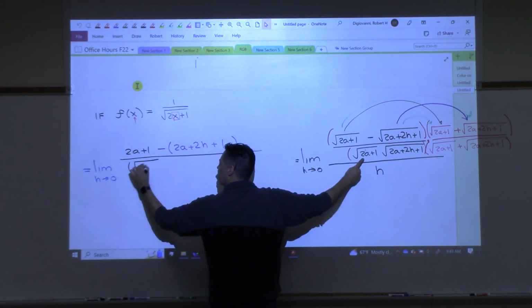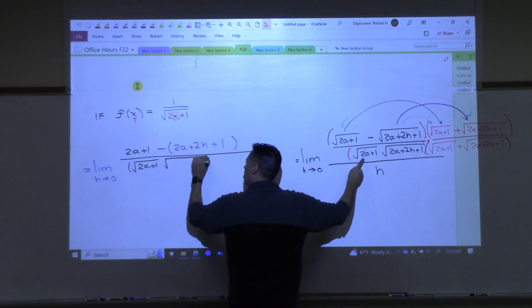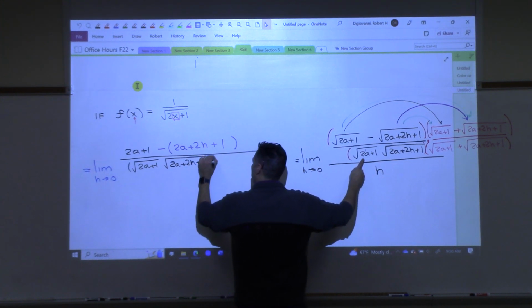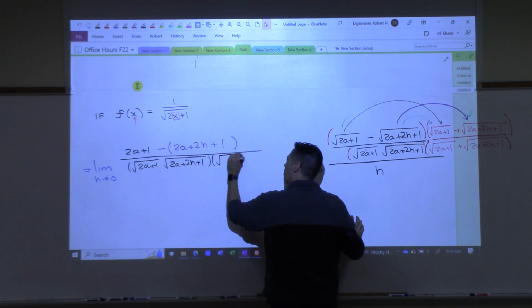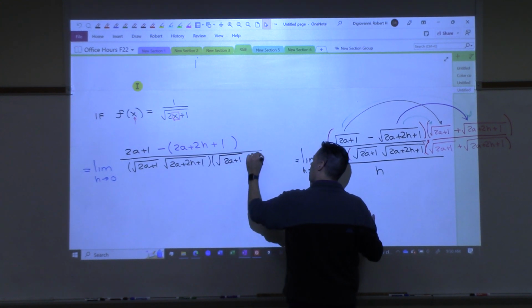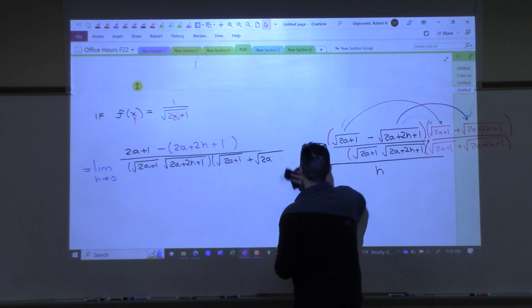Parenthesis, root 2a plus 1 times the square root of 2a plus 2h plus 1. And then I'm multiplying that by the square root of 2a plus 1, plus the square root of 2a plus 2h plus 1.